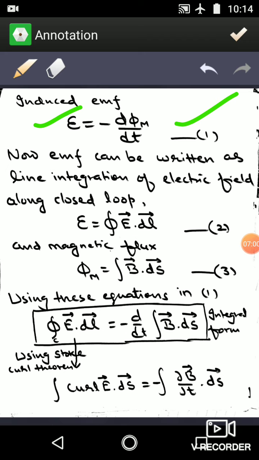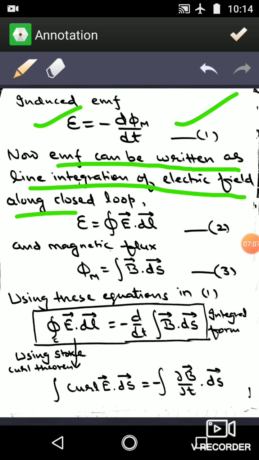Now EMF can be written in terms of electric field. EMF can be written as the line integration along a closed curve of electric field E. And magnetic flux phi m can be written as the surface integration of magnetic field.